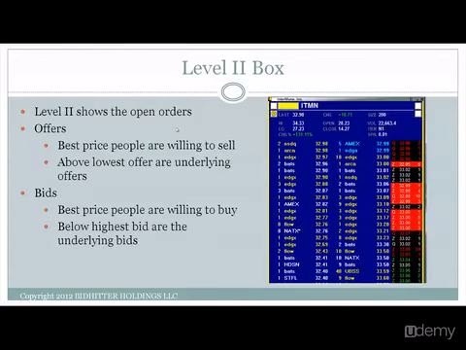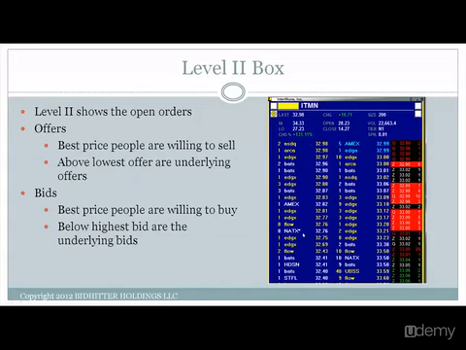Like I said before, the level 2 shows you the open orders right here. These offers here are the best price people are willing to sell at. Above the lowest offer are the underlying offers, or overlying, whichever one you want to call it. On the left side are the bids, the best price people are willing to buy at, and then below that are the underlying bids. Remember, each trade that's put on, for every buyer there's a seller.